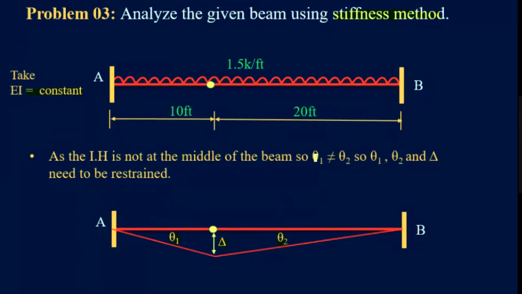But in this case, these values are not the same. So the kinematic indeterminacy is 3 degrees, which are θ1, θ2, and this translation, and all these displacements are due to this internal hinge.